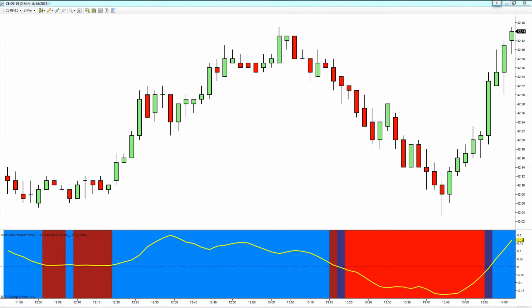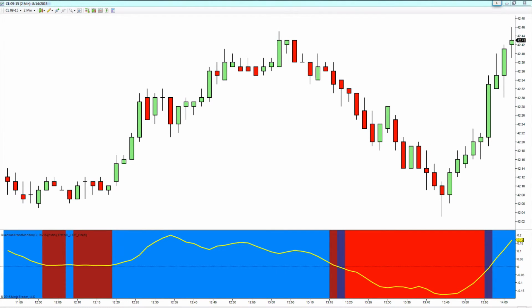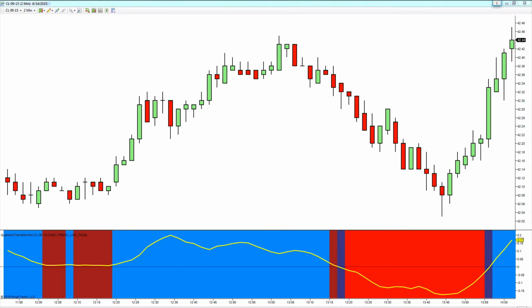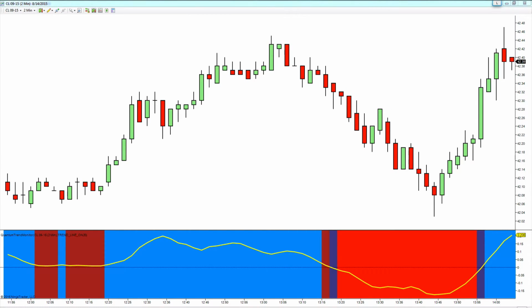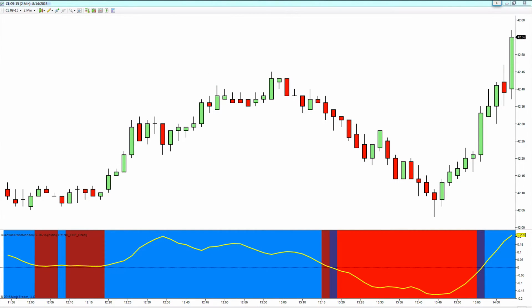And on that transition, there was no transition through to the dark red on this occasion. It doesn't always go in that particular sequence. Occasionally you will see the trend monitor transition directly from bright red to bright blue with no transitional color changes at all.